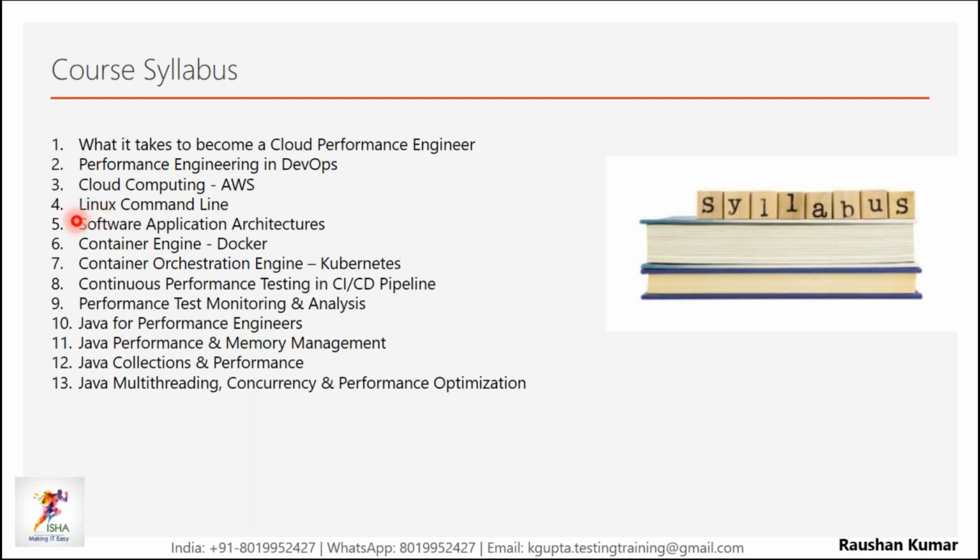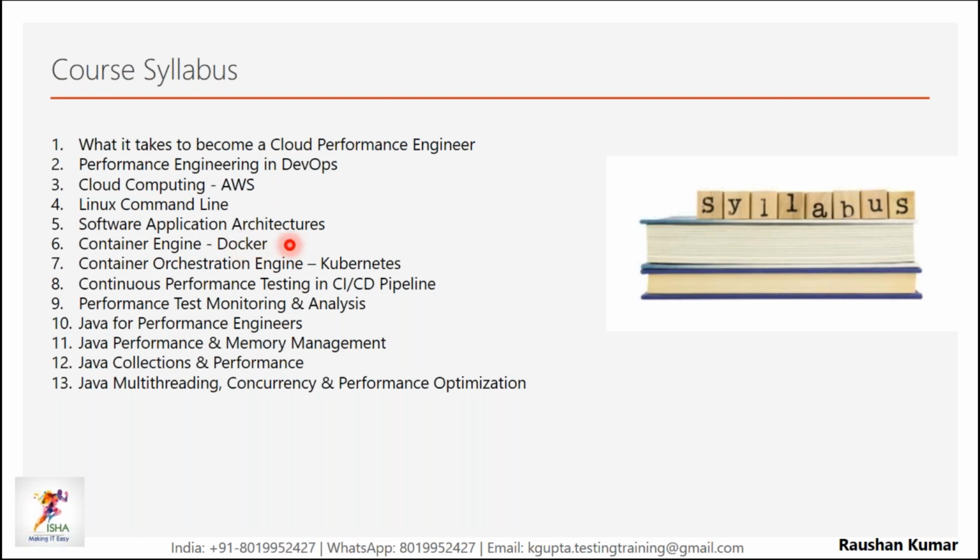Then we'll go over the Linux command line. That's very important. You provision your Linux instances and work with Docker and Kubernetes, so we performance engineers are basically in the Unix box most of the time. We'll understand software architecture and the different architectures. We'll go over the Docker container engine in detail, how we can develop and build the containers.